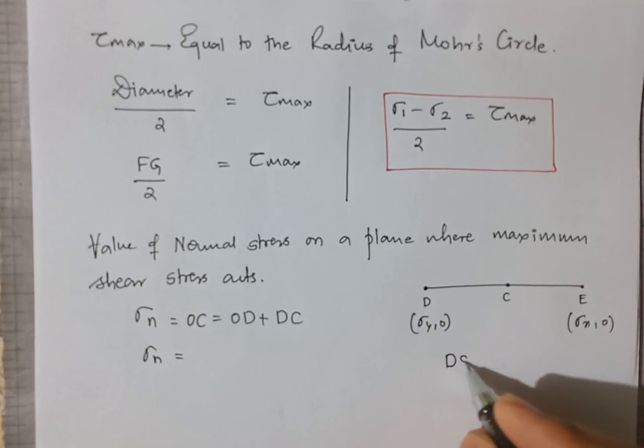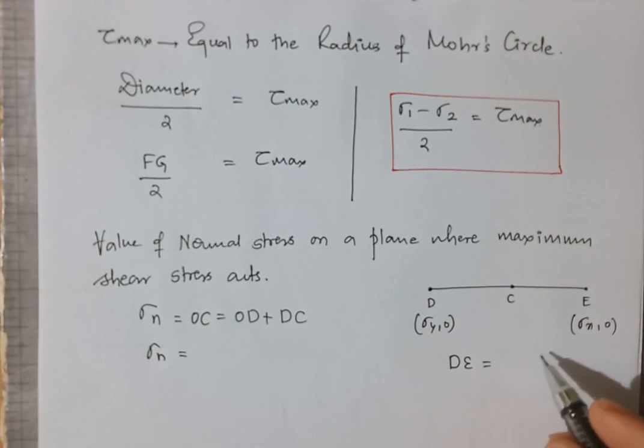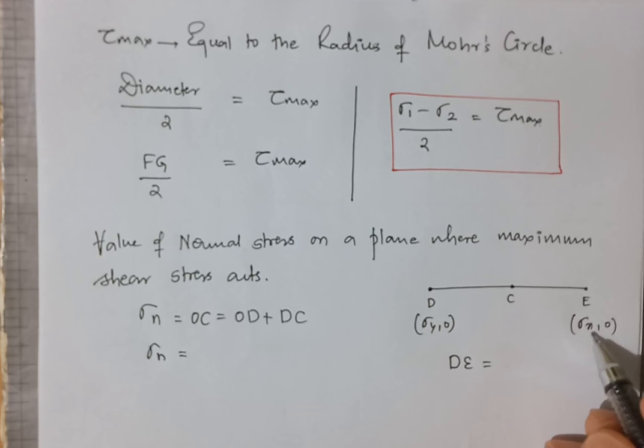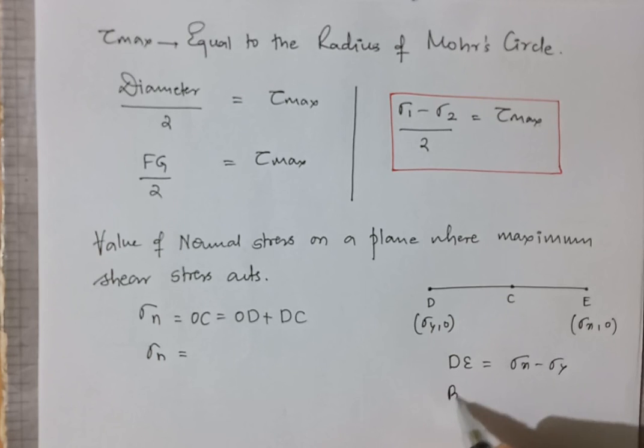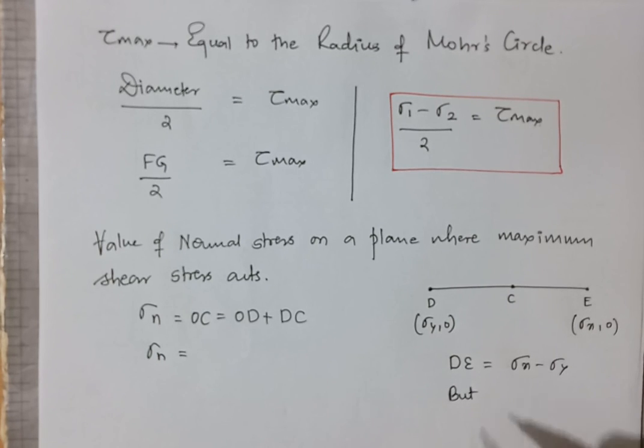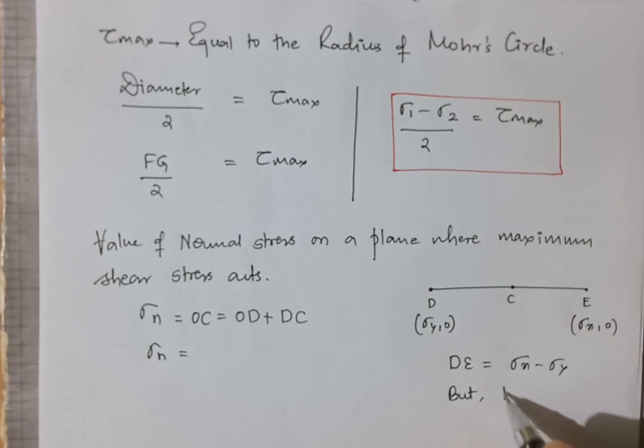Then DE is equal to, since I have already assumed that sigma x is greater than sigma y, sigma x minus sigma y. But DC is equal to DE divided by 2.